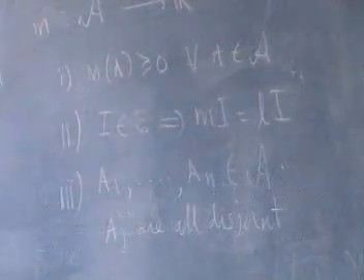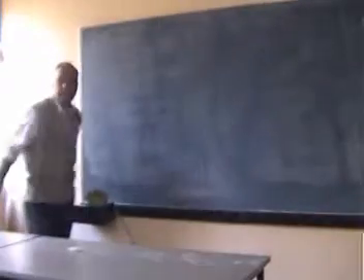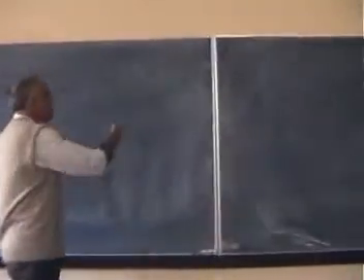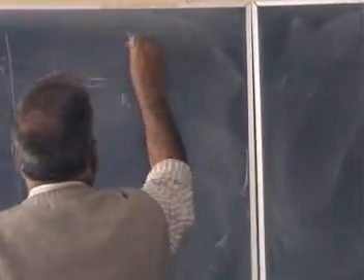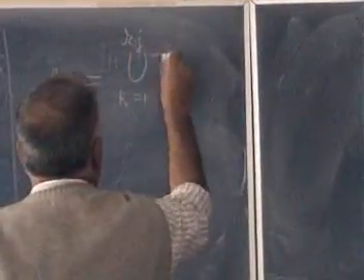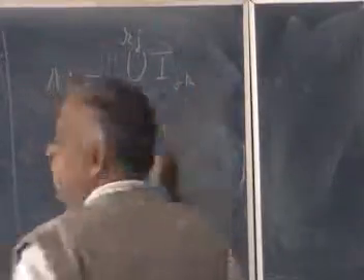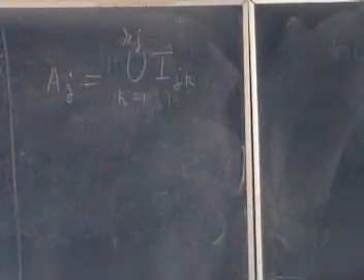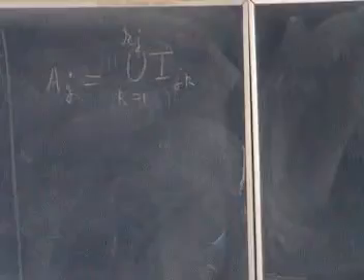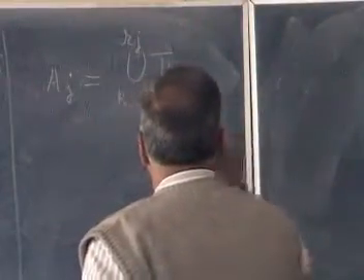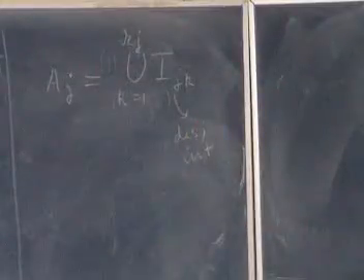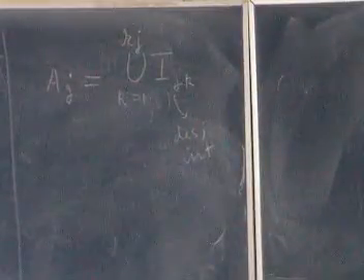If you look at Aj, it is in A. So Aj can be expressed as a finite union of disjoint intervals, because anything there can always be brought back to disjoint intervals. So these are all disjoint intervals. Anything in A can be written as a disjoint union of intervals.